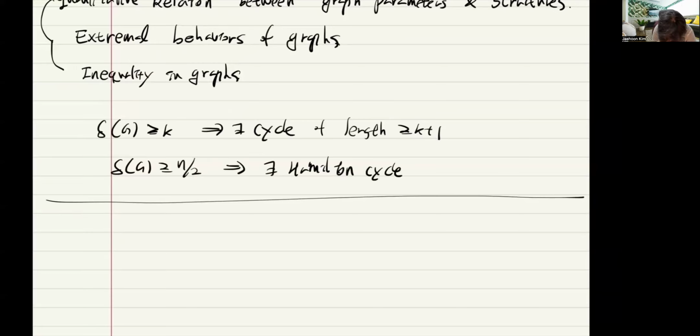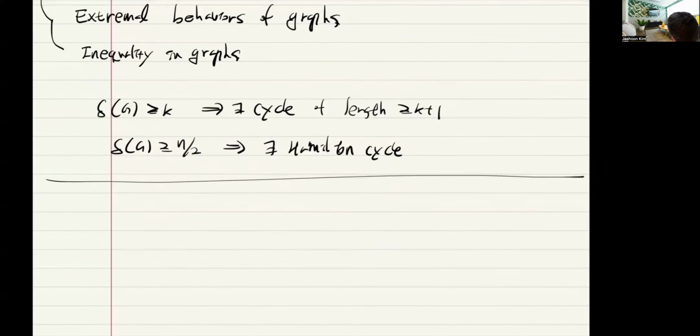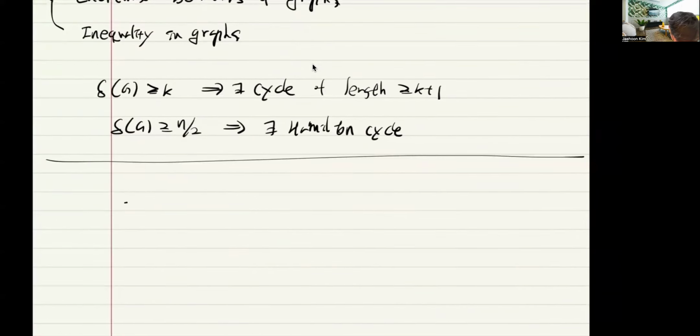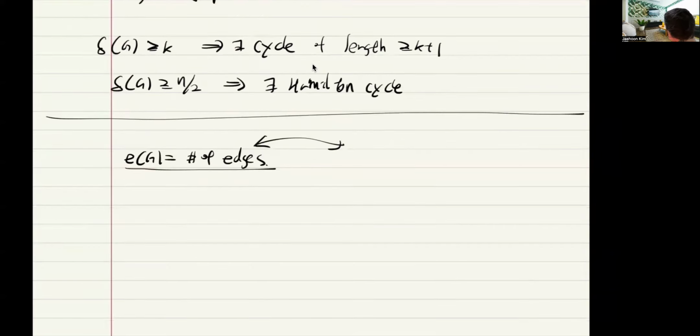Then what are the most basic and natural parameters of the graph? One of them is the number of edges. And we want to explore the relationship between number of edges and existence of such a subgraph.